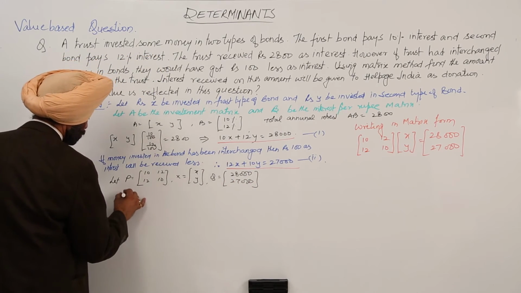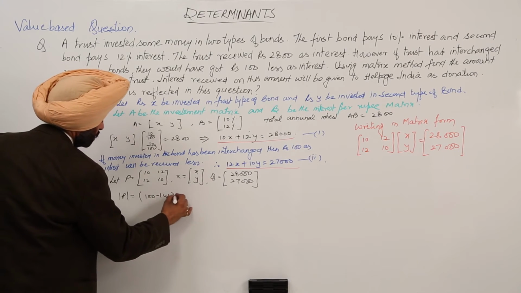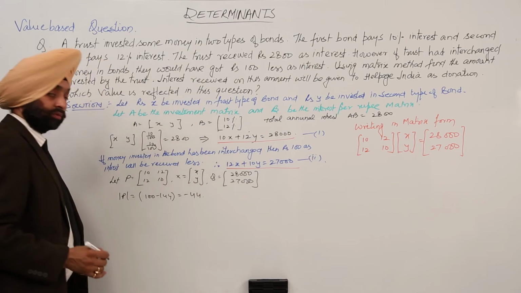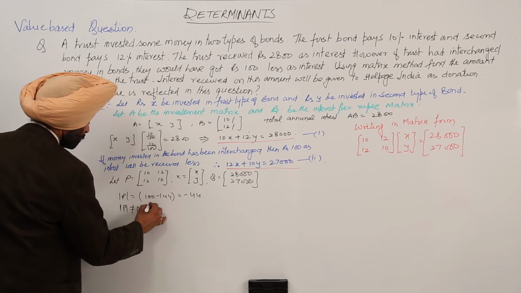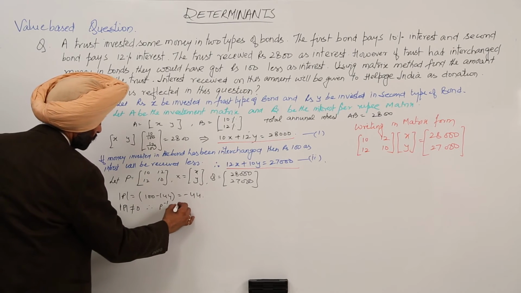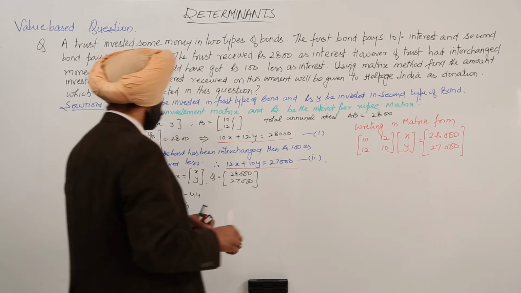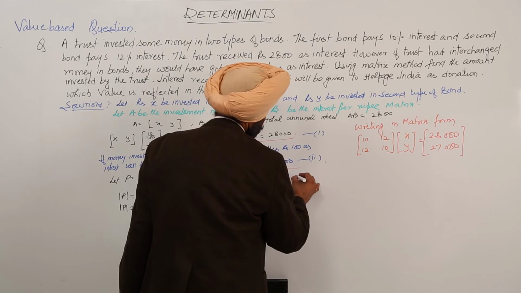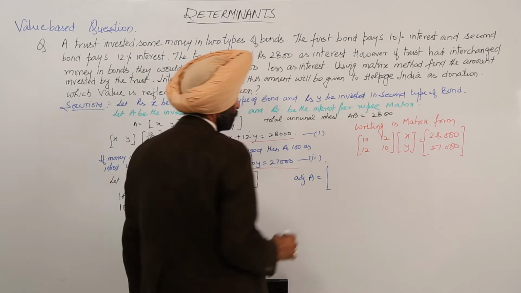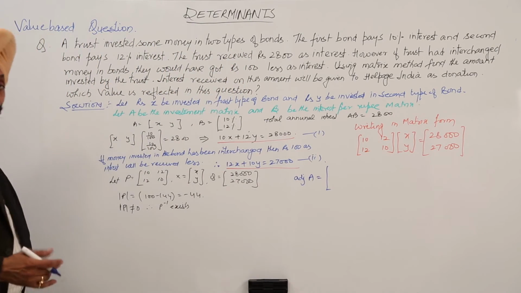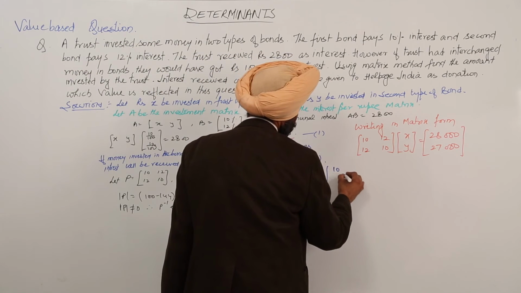Now determinant of P is equal to 100 minus 144, which is equal to minus 44. This is not equal to 0, therefore P inverse exists. One thing. Now cofactors: adjoint of P is the transpose of the cofactors.